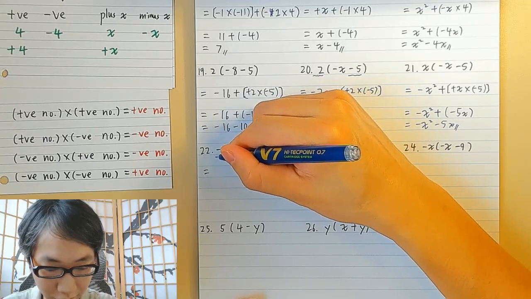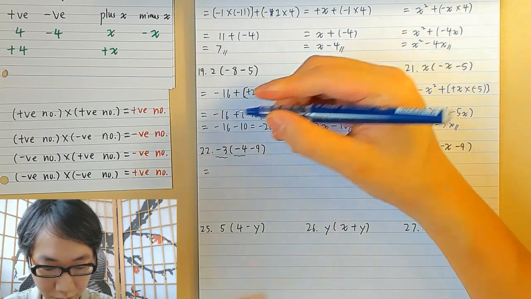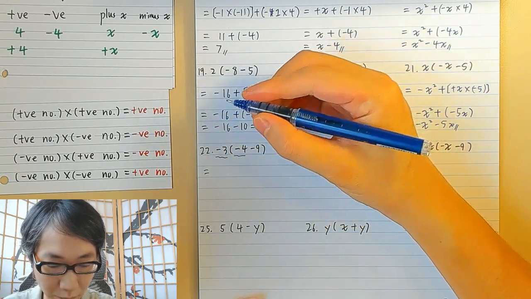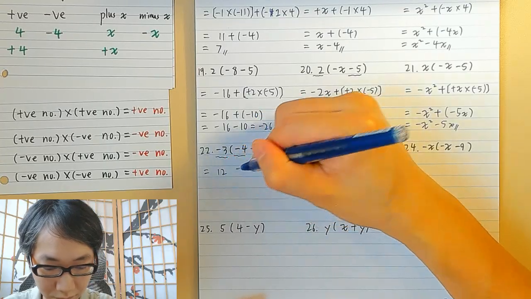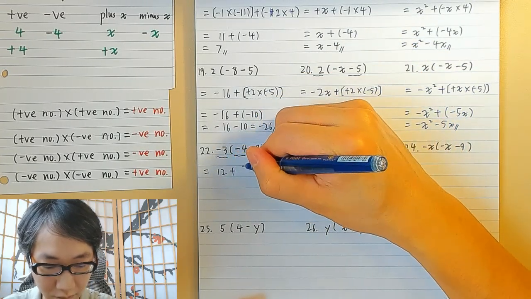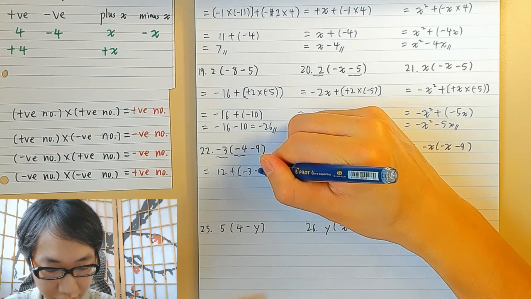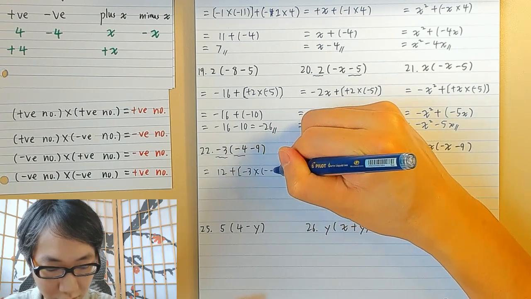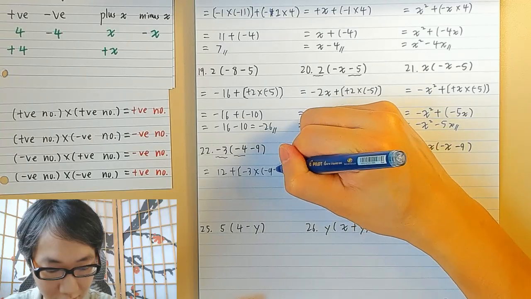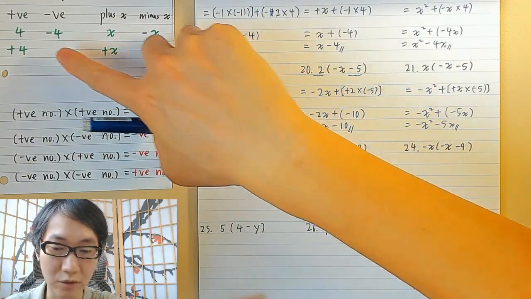22. First term, negative 3 times negative 4. So we have a positive 12. And the second term, negative 3 times negative 9. Remember, the terms always have a sign, whether omitted or not.